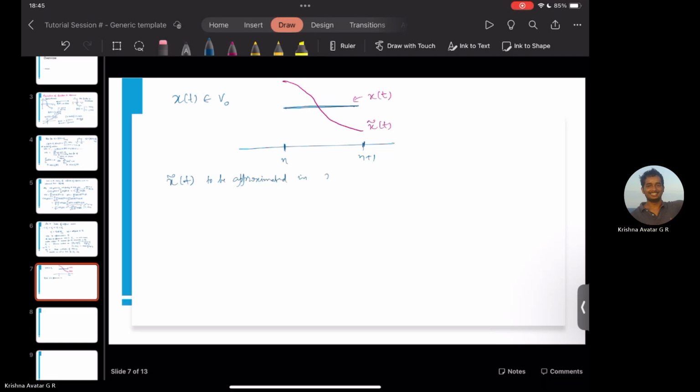in V1, then in that case, what would happen is that we have this interval. I'll just pick up the same signal, copy it if it's possible. If it's not, I'll just redraw it again.